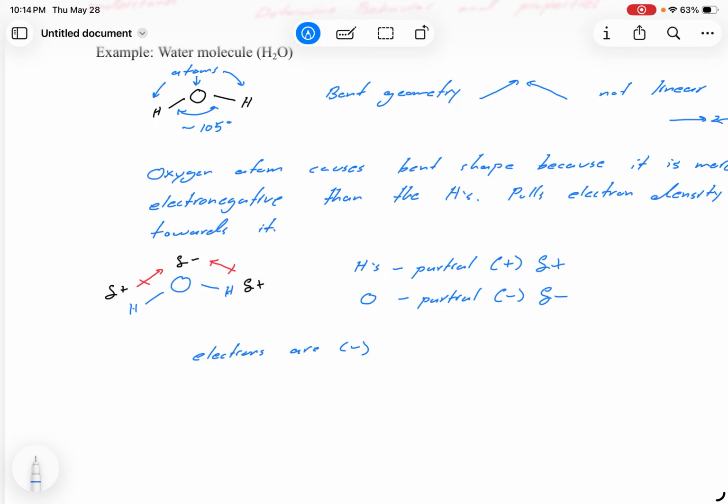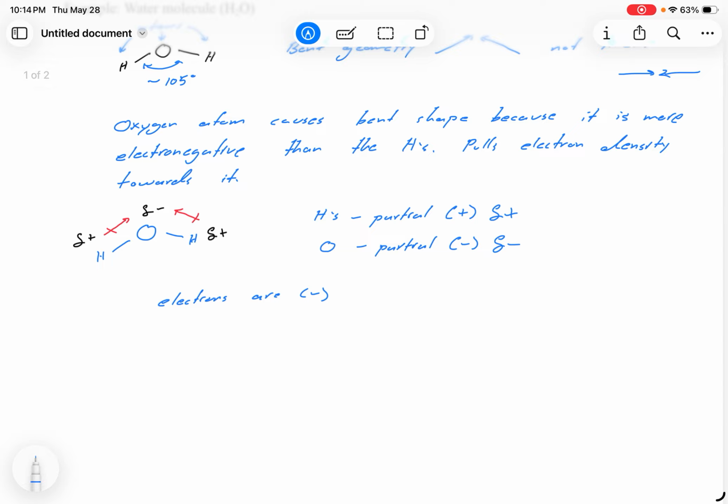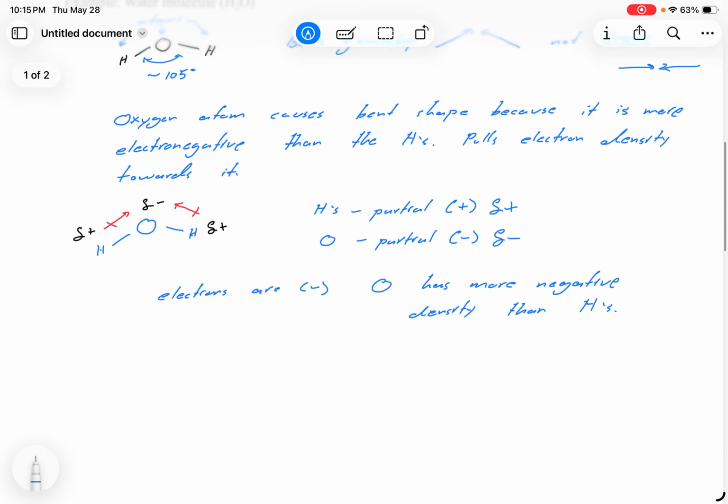So it's just partial charges. They're not full charges. We'll talk more about that later on. So it's okay if it doesn't make sense. This is just a visual example. The oxygen atom has more negative density than the hydrogens.